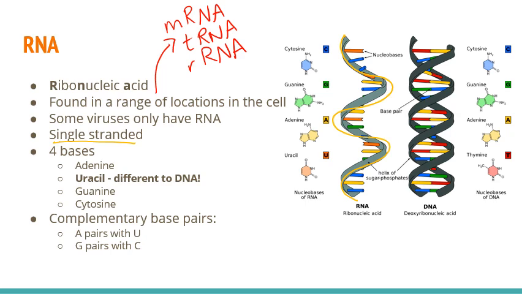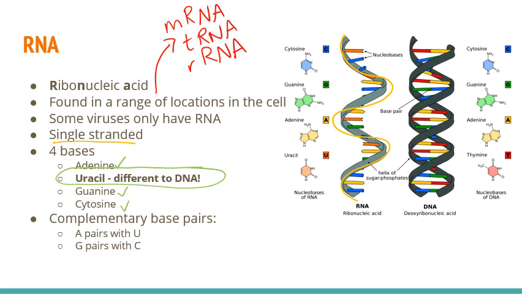And RNA has 4 bases as well. Most of them are the same. We have adenine again, guanine and cytosine. But really important to note that RNA has uracil, not thymine. So that's one of the key differences between DNA and RNA.